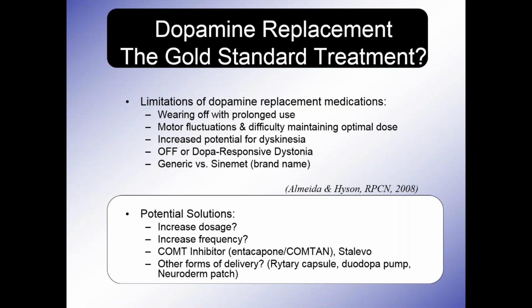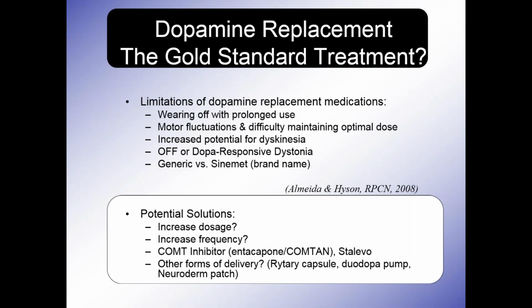And within the last few years, there are other forms of delivery of dopamine agents. So there's a Rytary capsule. There's something called a Duodopa pump, which pumps by drip through the stomach into the duodenum or the small intestine at a very slow rate so that we can basically mimic the production of dopamine that the brain would normally produce.